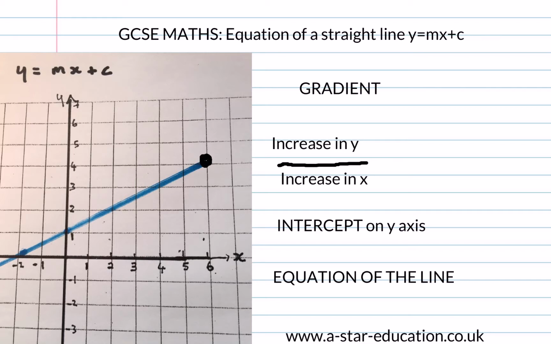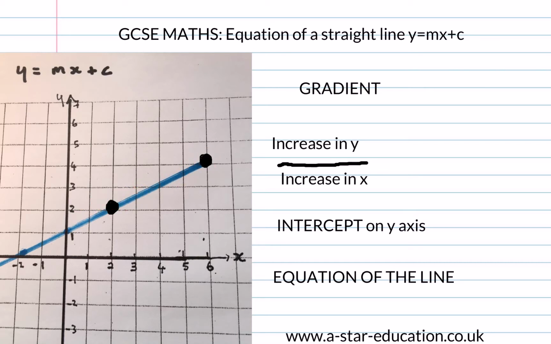This one has an x coordinate of 6 and a y coordinate of 4, and this point has an x coordinate of 2 and a y coordinate of 2. These are my two selected points.